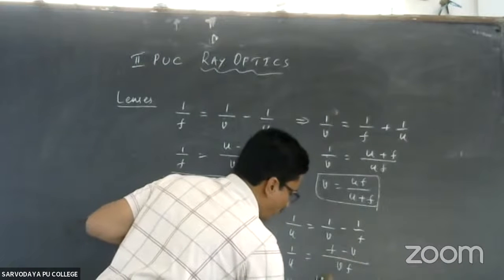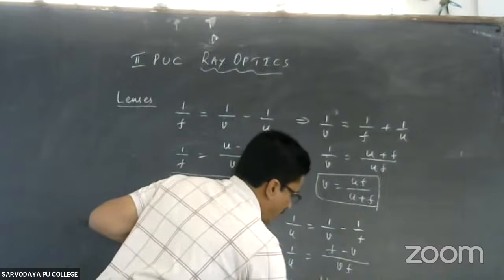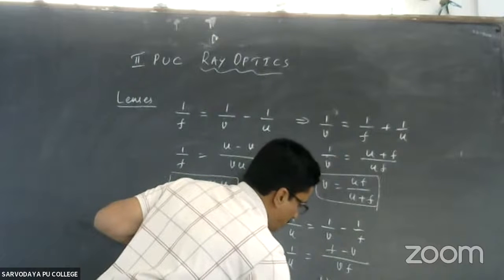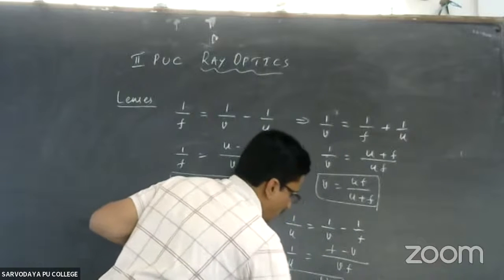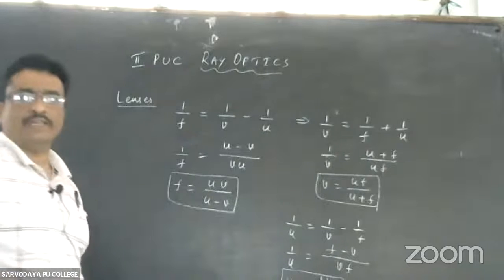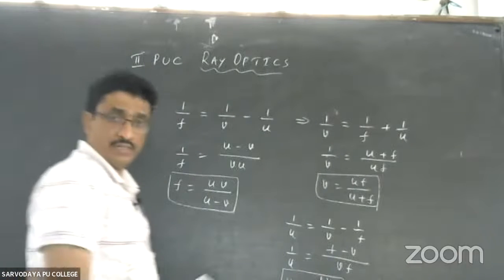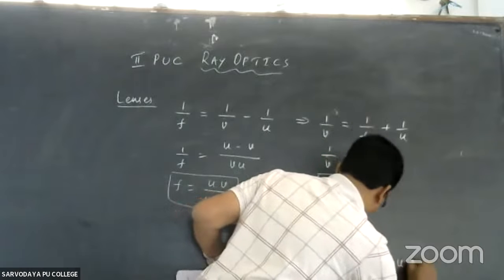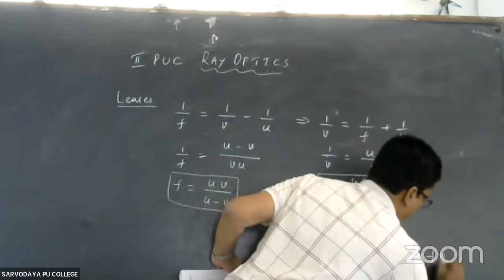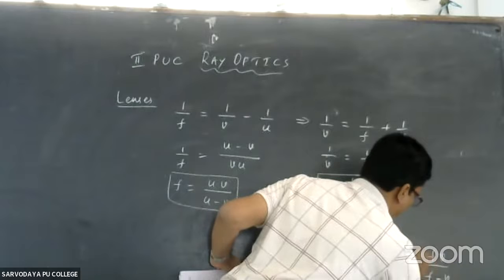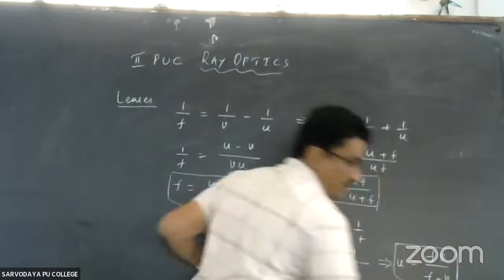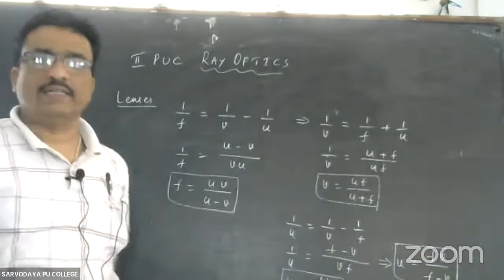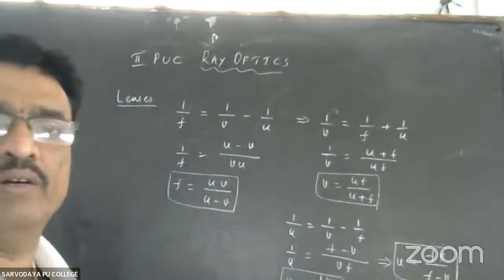Therefore, u becomes equal to fv by f minus v. These 3 formulae you have to remember.